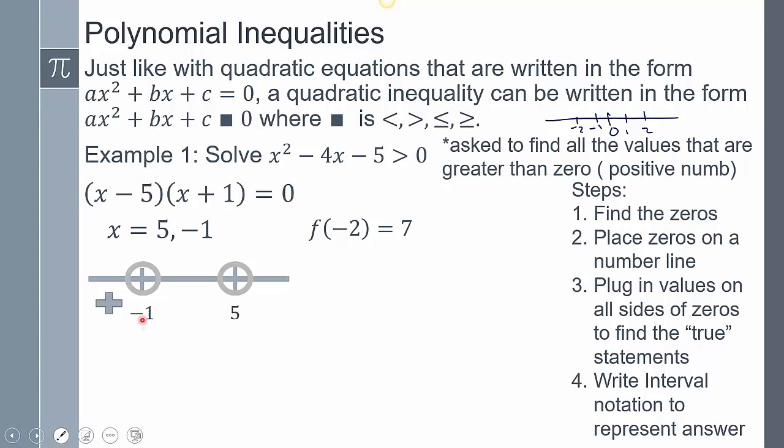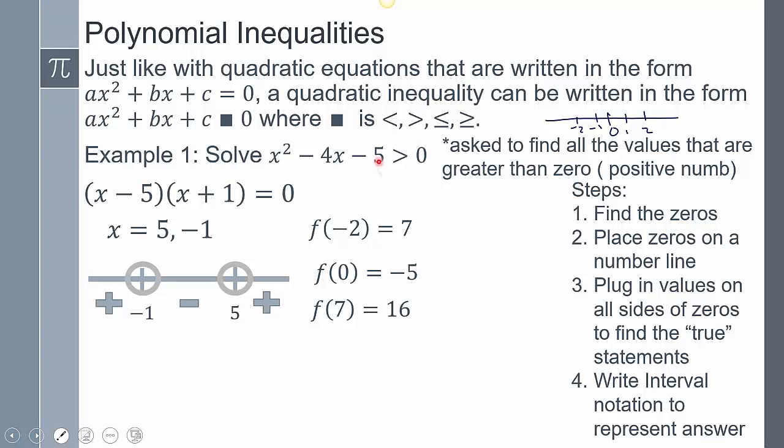If I plug in a value between negative 1 and 5, like 0, I get negative 5, so every number in here is negative. Then plug in a value greater than 5, like 7. I get 16, which is positive, so this represents all positive numbers.